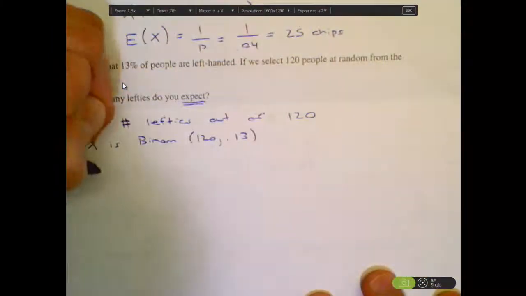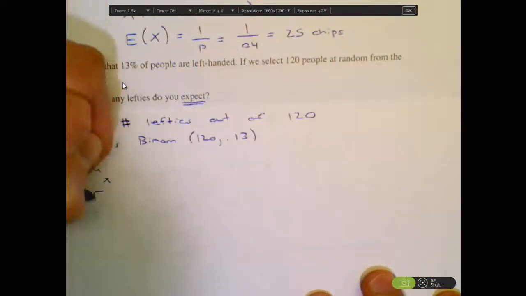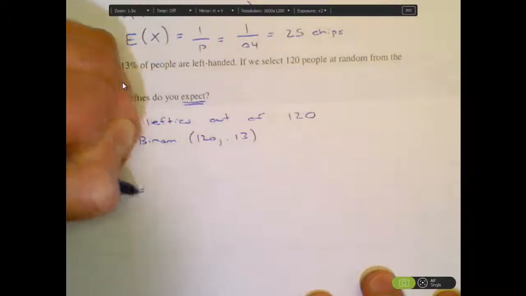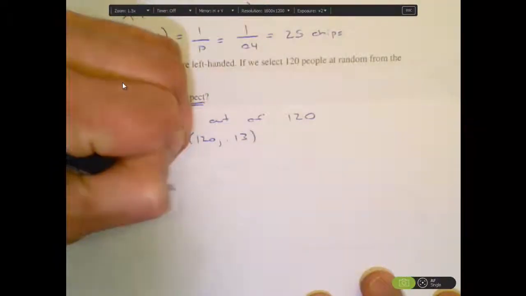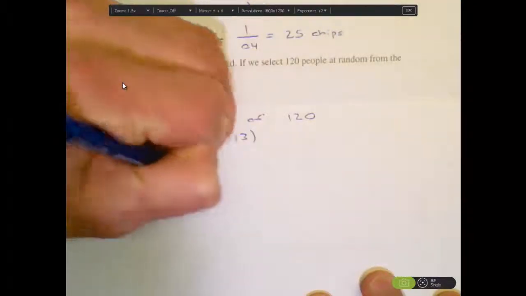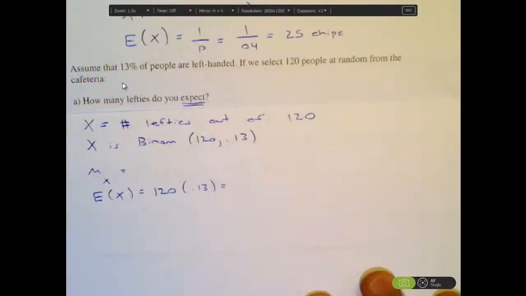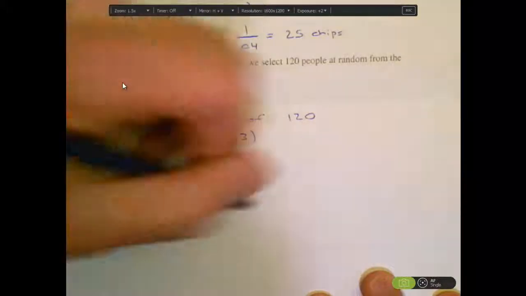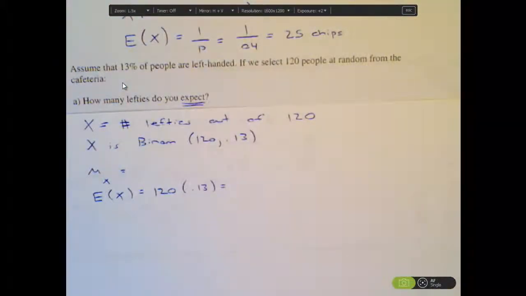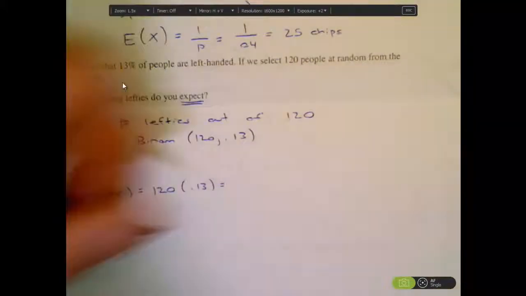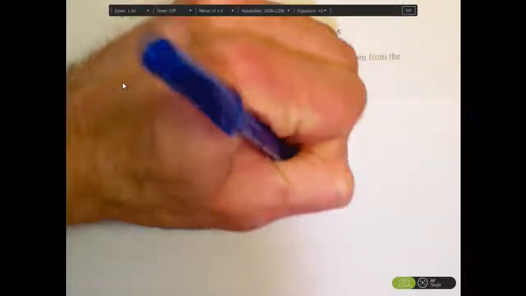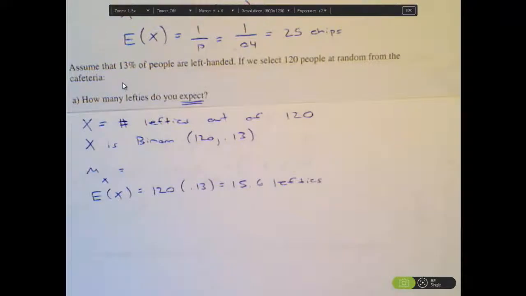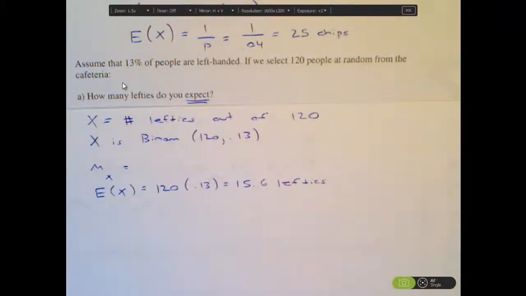So I have mu sub x, or you could write expected value of x in either case, equals n times p, 120 times 0.13. Calculating that, 15.6. I expect about 15.6 lefties out of 120 people.